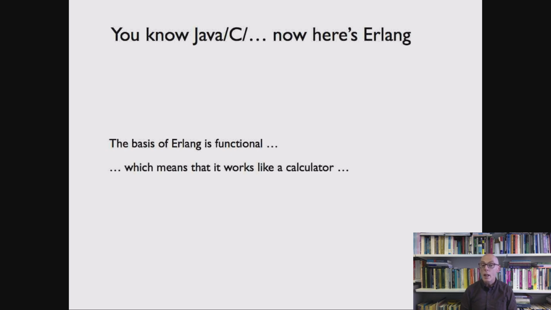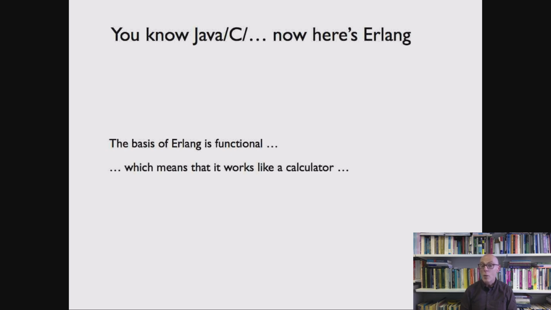So Erlang works by calculating a value which is the result of evaluating an expression. Now, it's a bit more complicated than that because we've added concurrency, fault tolerance and so on, but the basis is this model of calculation of results of expressions.